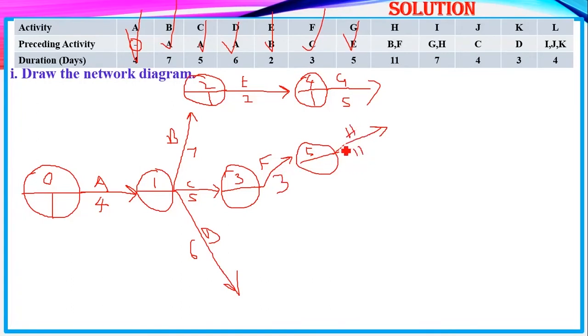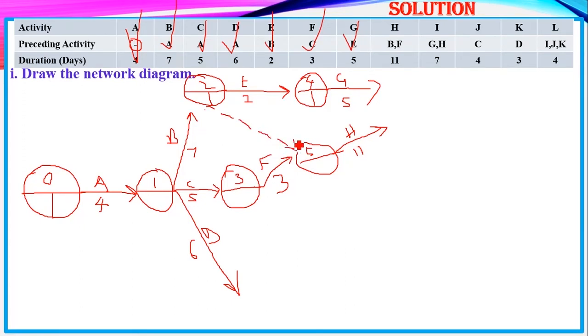And as you can see, we have already allocated the 11 days to H. That means there are no days to allocate to B to H. So as to ensure that we include it as stated here, that B, F are preceding H, we have to include an activity that does not consume time nor resources. So you have to connect B to H using what?